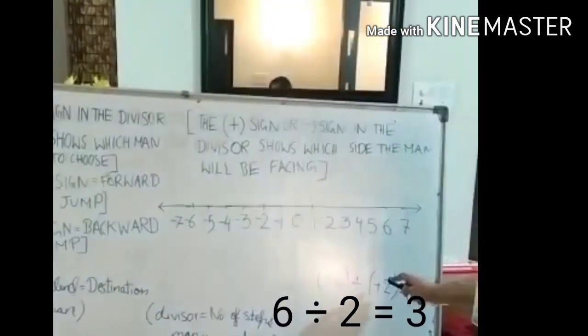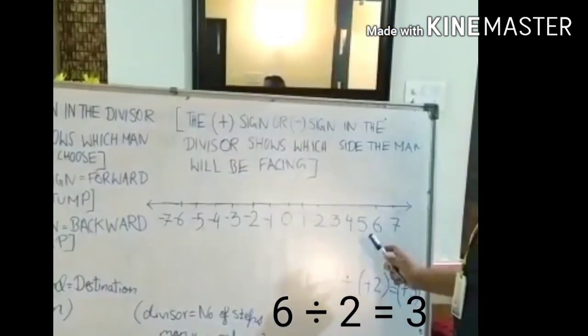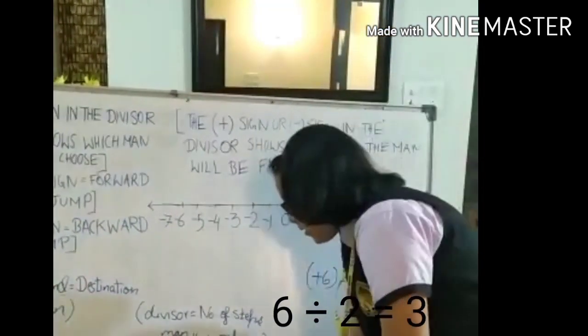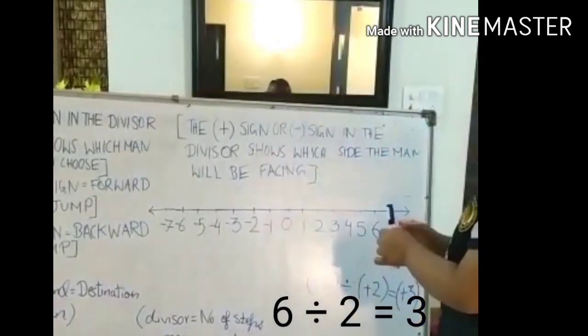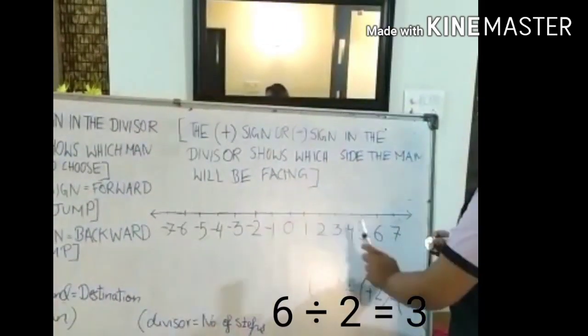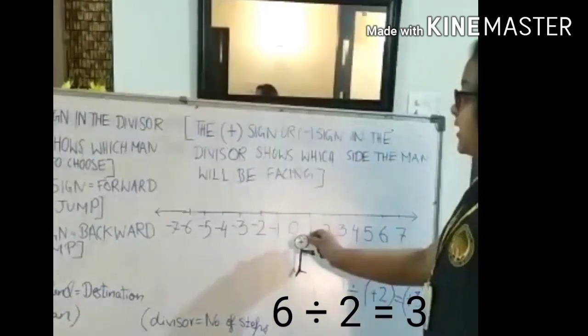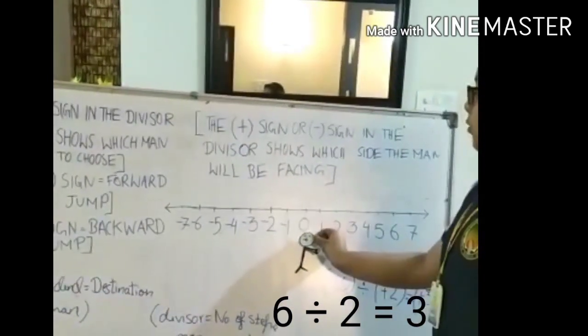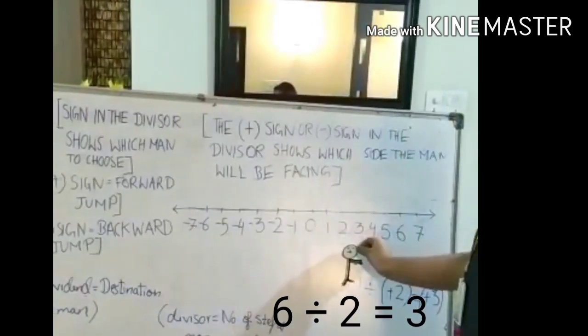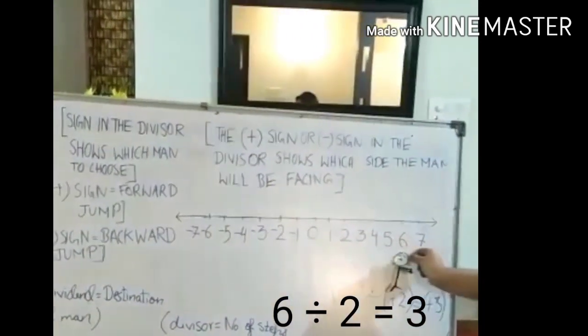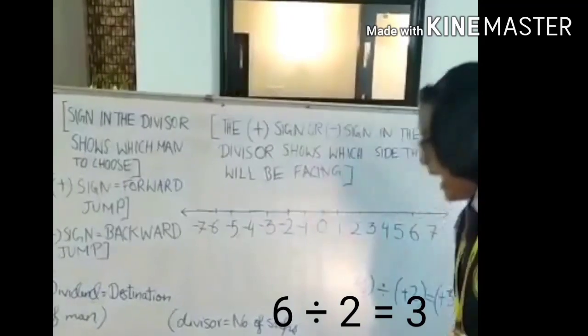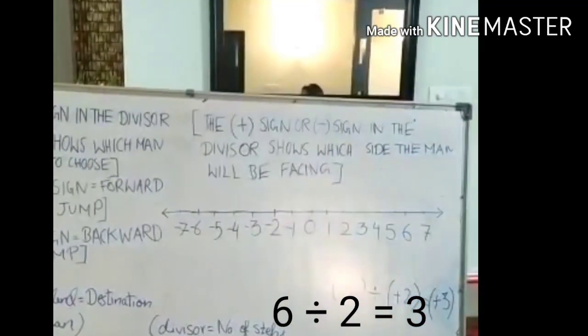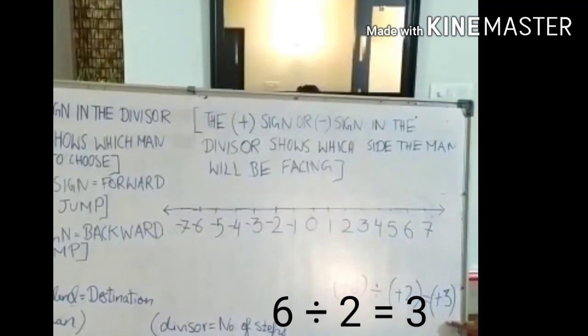As you can see, the positive sign tells us that we have to use the positive man and we have to face towards the positive end, taking 2 steps at a time, and we always start from 0. So, 1 step, 2 steps, 3 steps. So, as we are taking forward jumps, the answer should be a positive 3.